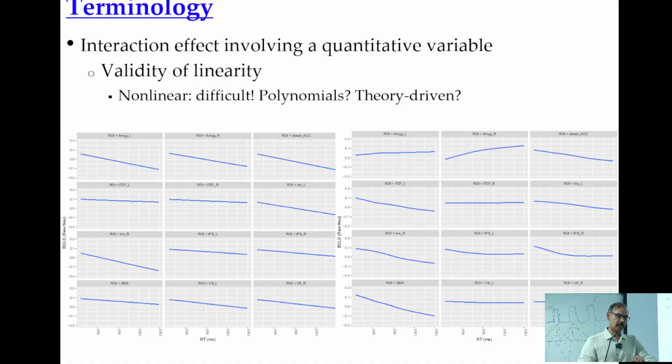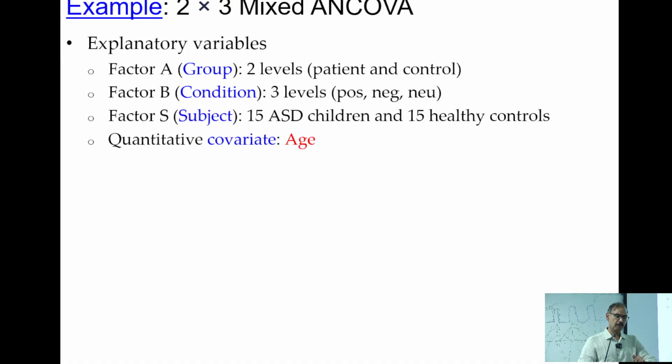So this is the example I just mentioned, if you have different factors, like this 2 by 3 mixed ANCOVA, where factor A is group. It has 2 levels, patient and control. Factor B is condition, which has 3 levels: positive, negative, and neutral images.